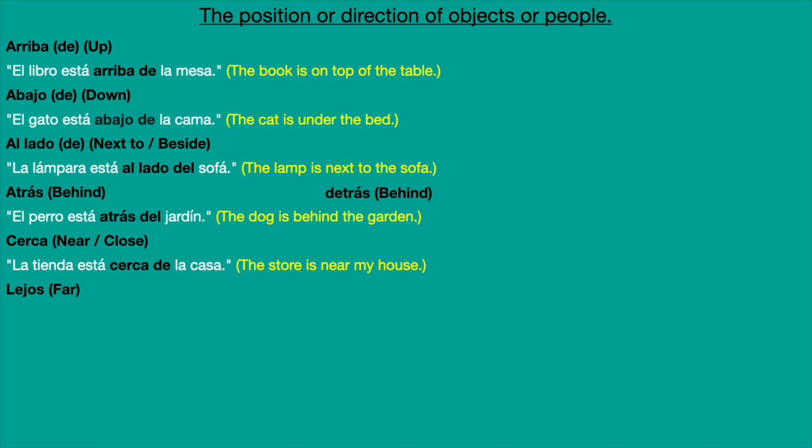So in this case, we are going to use lejos de. Here we have el aeropuerto. Remember we were using the verb to be, está, for the position of something. El aeropuerto está lejos del centro.